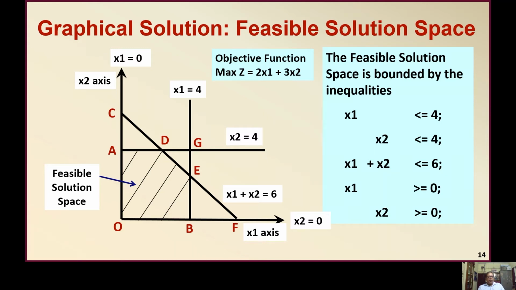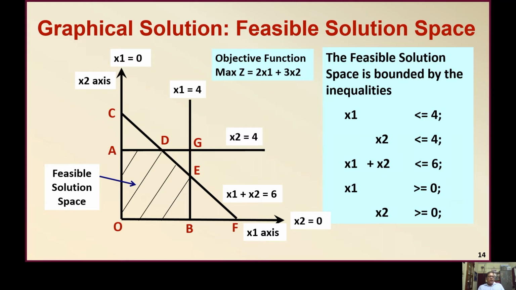Since it is satisfied, it is this side. Similarly, about this line, it is this side. Similarly, about this line, that is x1 plus x2 less than equal to 6, it is this side. So out of all these sides, the common area, this is our common area.